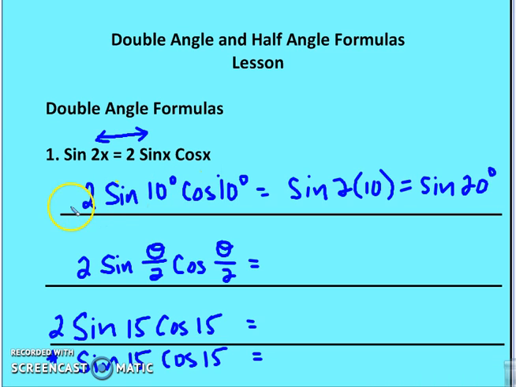So I'm going to give you an example. By the way, you can either condense 2 sine x cosine x into a double angle formula, or you can expand sine 2x is equal to 2 sine x cosine x. So in this case, I'm condensing 2 sine 10 degrees cosine 10 degrees is equal to sine 2 times 10, or sine of 20 degrees.